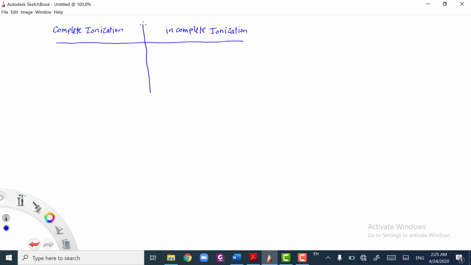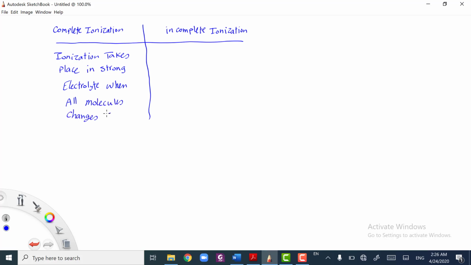Complete ionization takes place in strong electrolyte when all molecules change to ions.